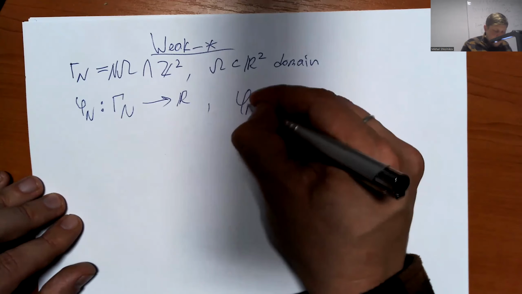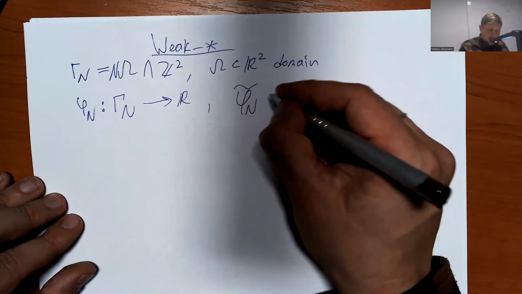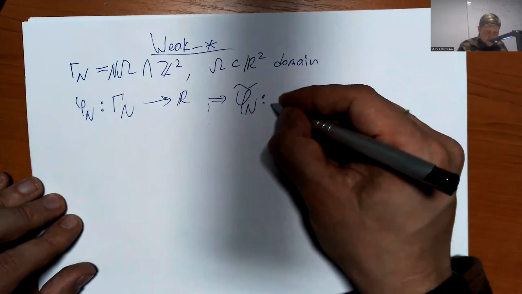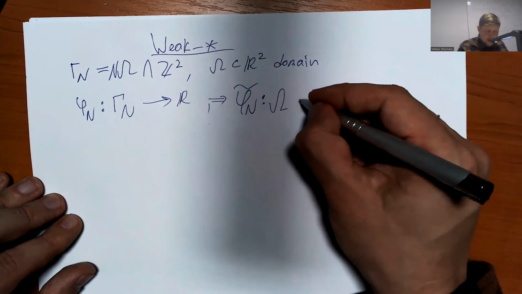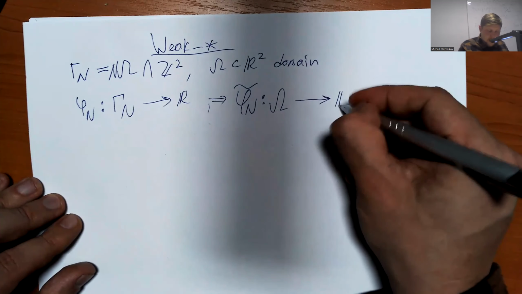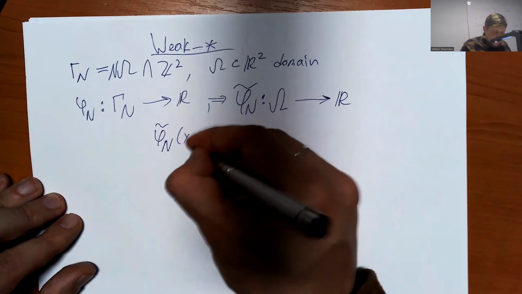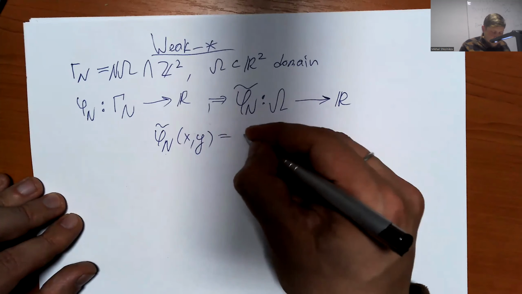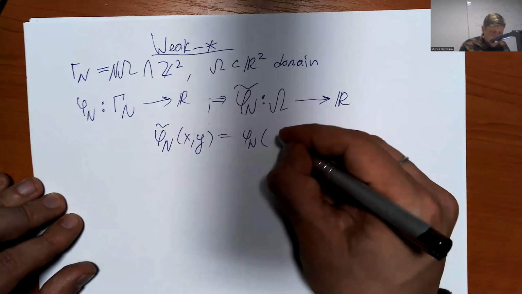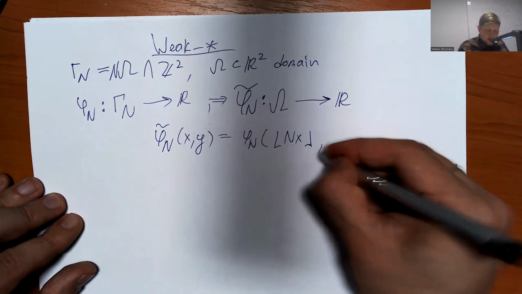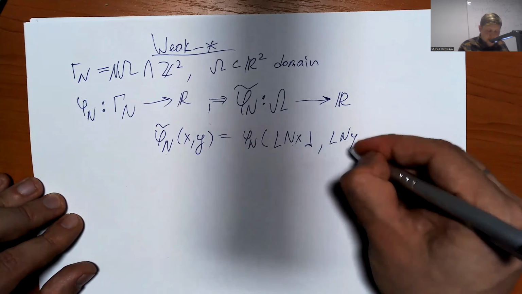So I take phi n tilde, the function now on omega, going again to R, and define it in the following way.